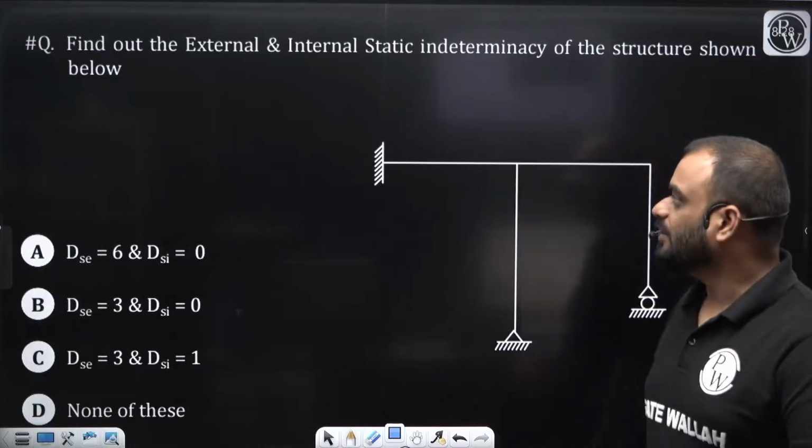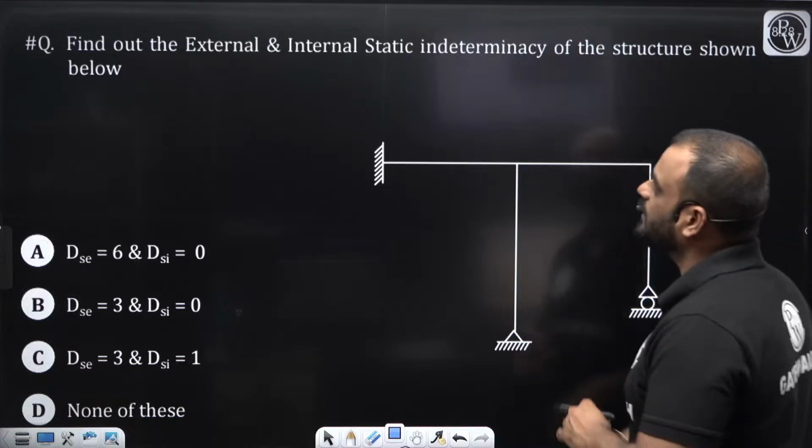Okay, guys, tell me what will be the answer for this question as DSE and DSI.